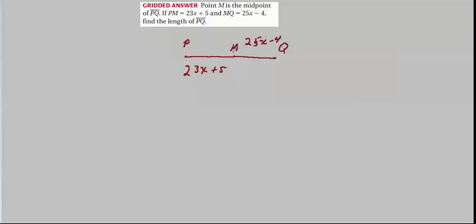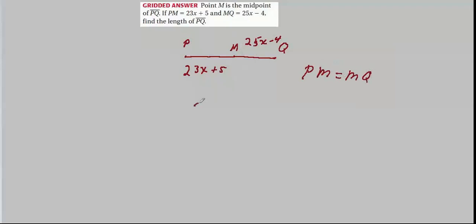When we say M is the midpoint, what we mean is it bisects PQ. The length on this side has to be exactly equal to the length on this side. In other words, PM, and PM by itself means the length of the segment, equals MQ.